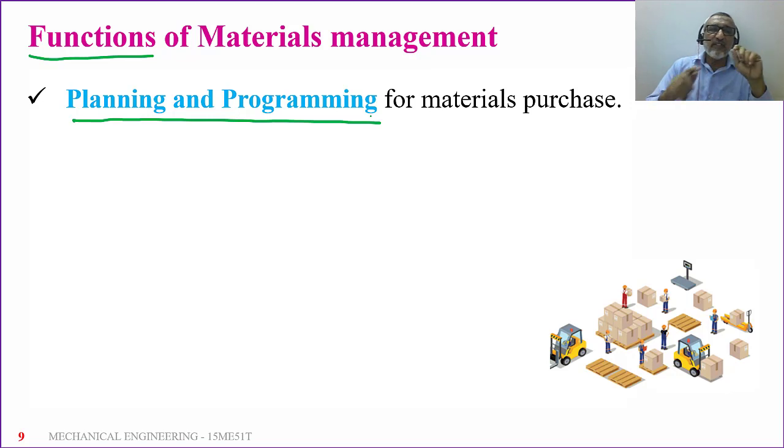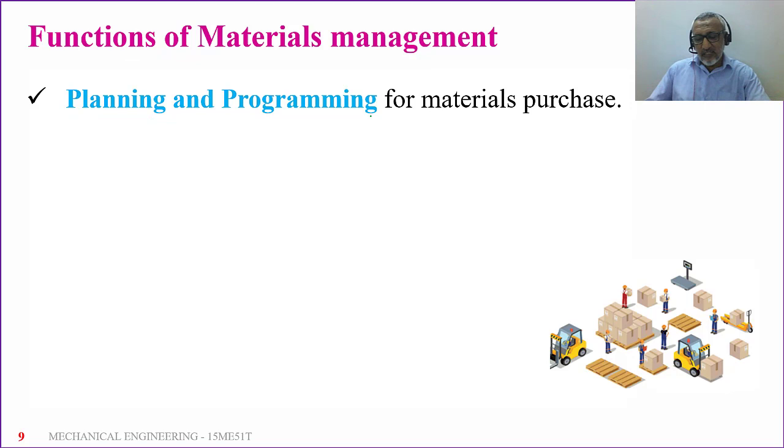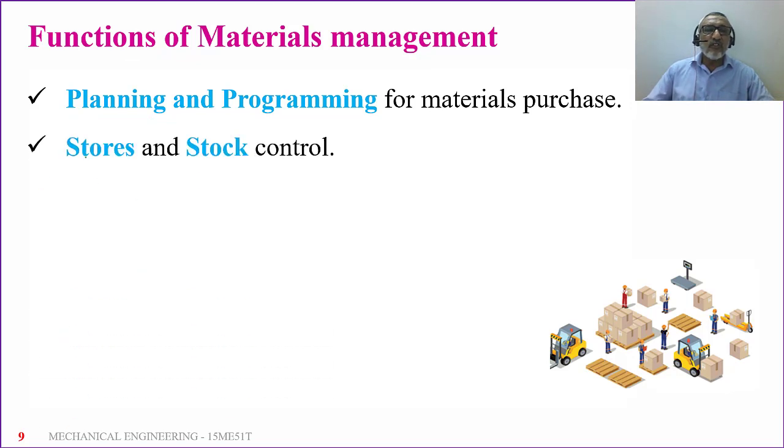So this is the first, planning and programming. The material purchase is one aspect, and then we have to store the material. That means stores control as well as stock control is another function of material management. Then we need to control the inventories.